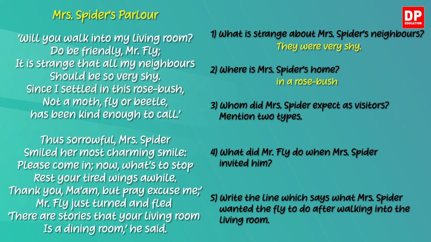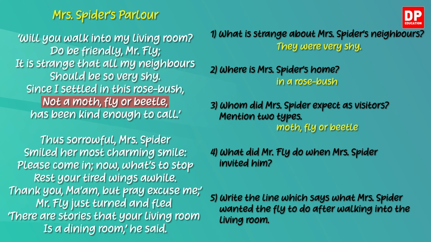Okay, the third one is, whom did Mrs. Spider expect as visitors? You have to mention 2 types. The answer is there in line 6. Not a moth, fly or beetle. So you can write moth, fly or beetle as your answer.